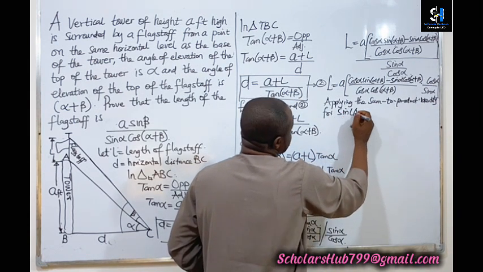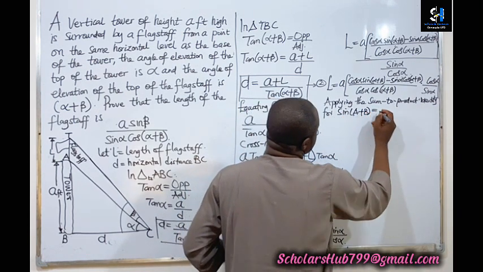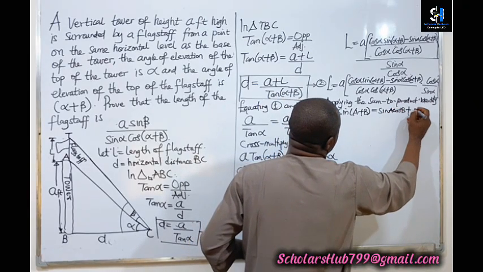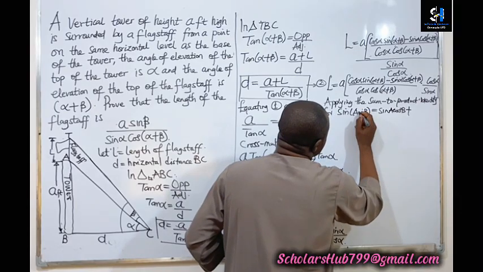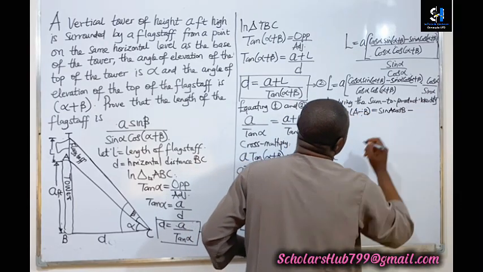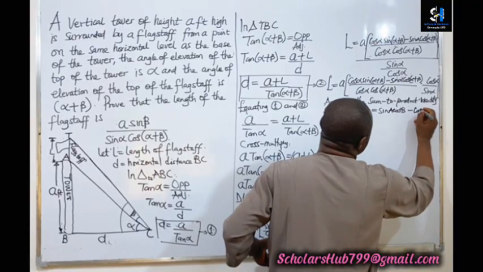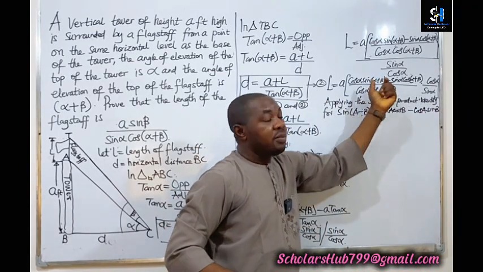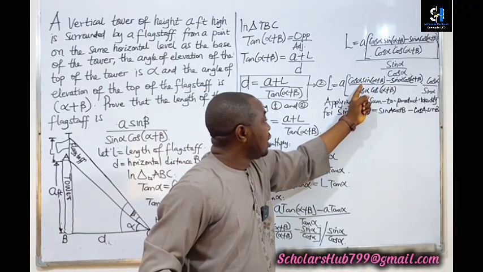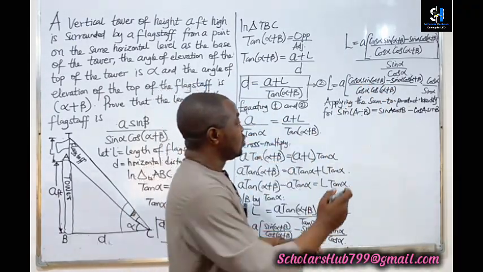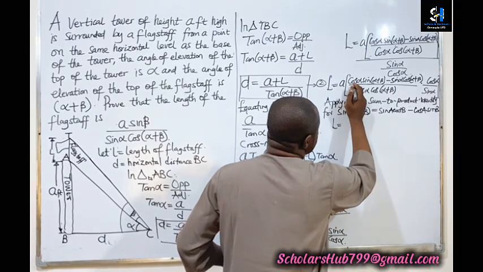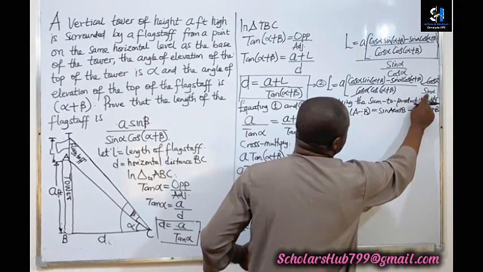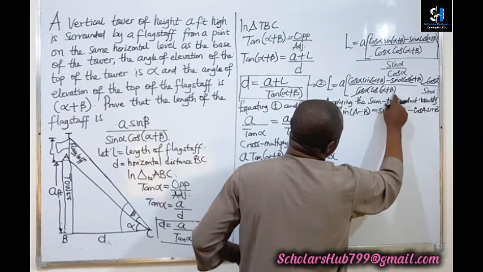Sine A minus B is sine A cos B minus cos A sine B. Let's treat alpha plus beta as A and alpha as B. So we can write the numerator, and cos alpha will cancel cos alpha, so we'll be left with sine alpha cos alpha plus beta.